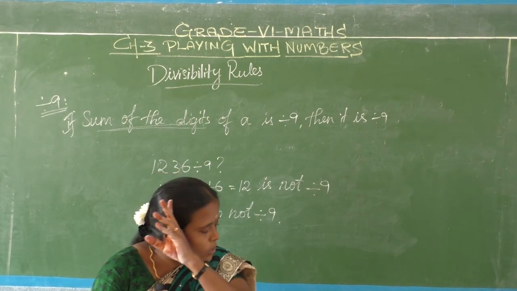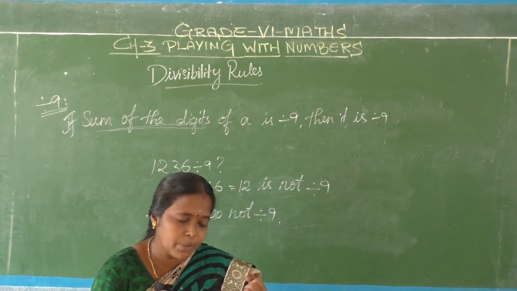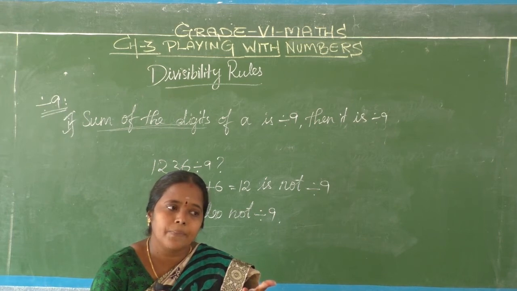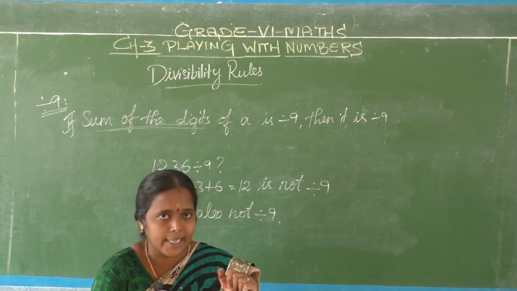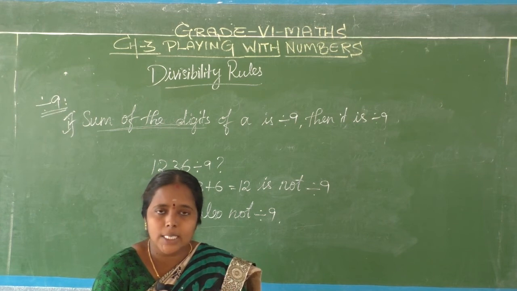Today we have discussed many rules. What are they? Divisibility by 2, 3, 4, 5, 6, 8, 9, 10. The last rule is 11, which we will see in the next class.